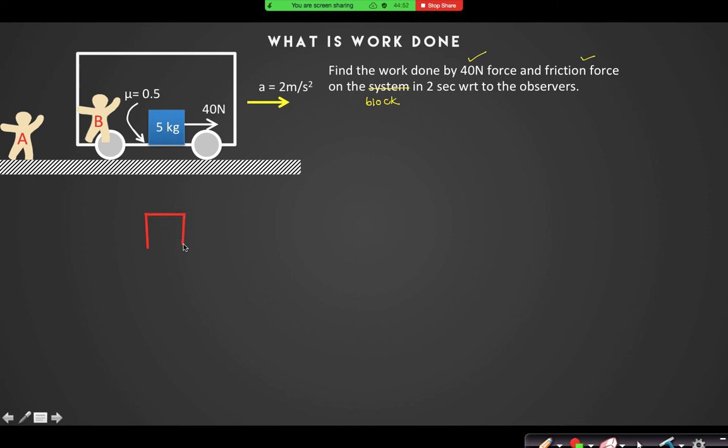If I try to draw its free body diagram, with respect to the car, 40 Newton and friction force. And what about pseudo force? I think no pseudo force. With respect to the car, there will be no pseudo force.